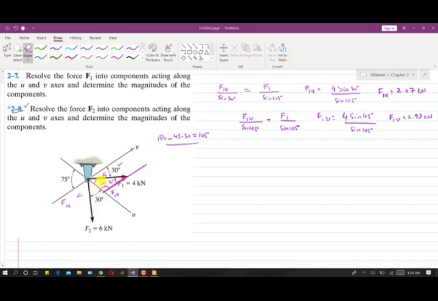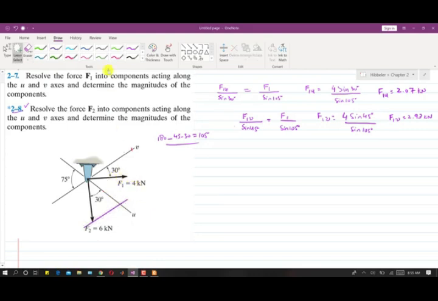Again let me clear this diagram, right? Now if I move this line which is parallel to the V axis and place it on the head of this F2, then one of the components will be in this direction. Let me remove these.